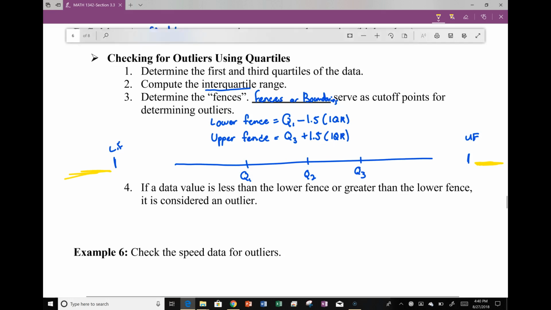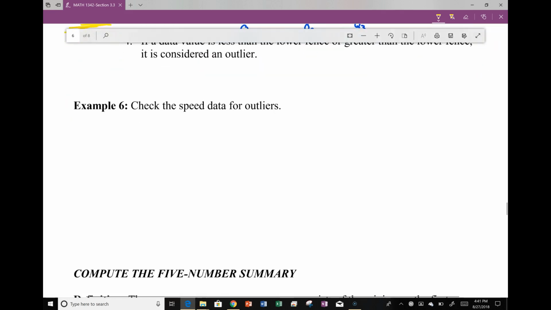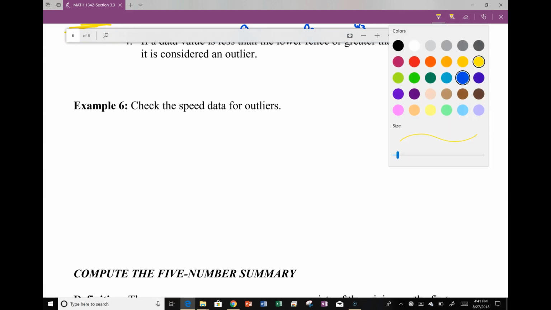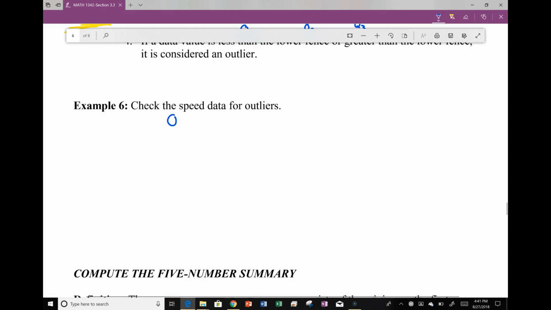So let's look at our speed data for outliers. We have already calculated that Q1 was 28 and Q3 was 38. This is going back to our original 14 data points. So our IQR is going to be 38 minus 28, which was 10.